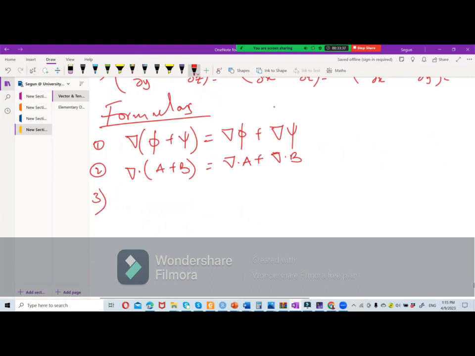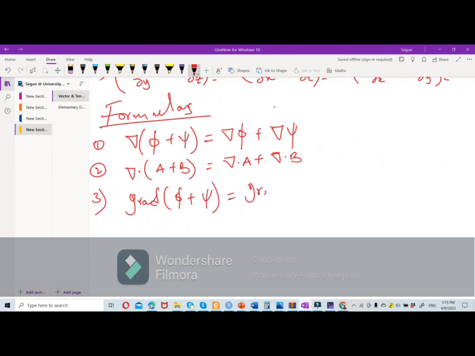Number three, we have the gradient, grad of (phi plus psi), the same thing as grad phi plus grad psi.